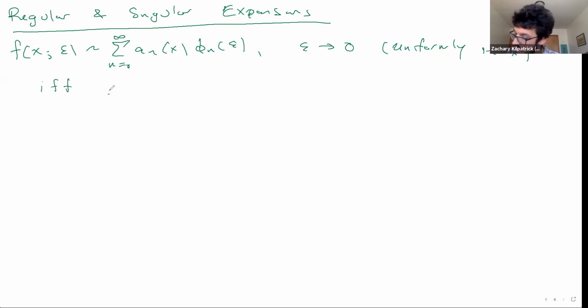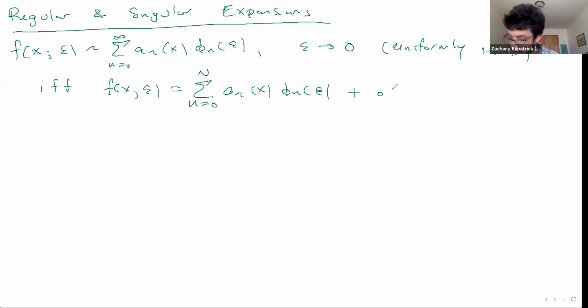This works as an asymptotic expansion if and only if f of x is equal to the sum from n equals 0 up to some n of a n of x phi n of epsilon plus little o of a n of x phi n of epsilon, uniformly in x again.